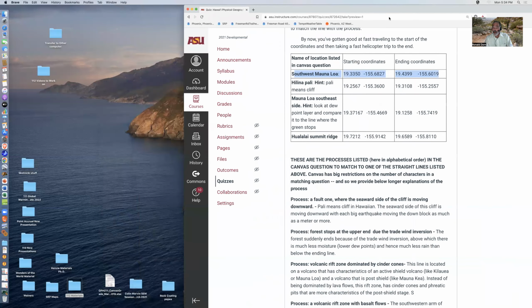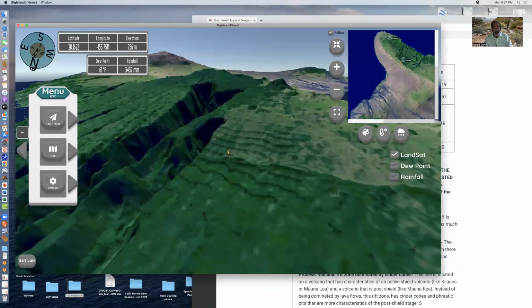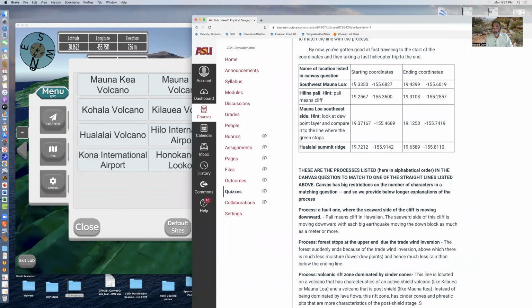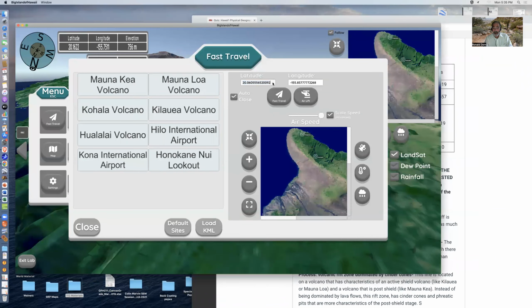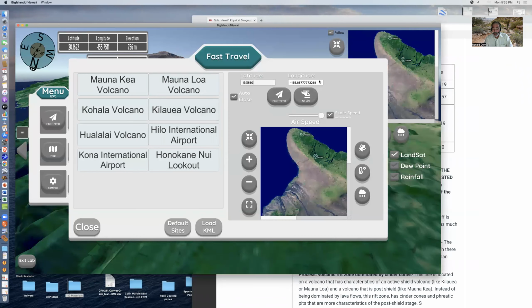So I'm going to take one of these lines, Southwest Mauna Loa, starting location 1933. I'm going to go to fast travel, and the starting location is 19.3350. And then the longitude for the starting coordinates of this one is over here, and I jump to it.